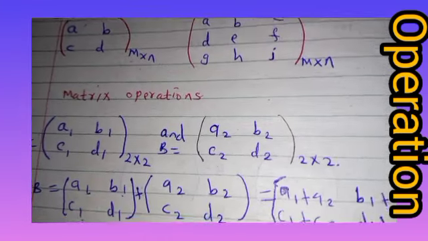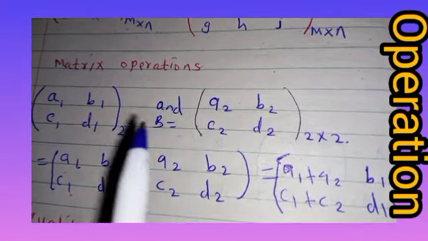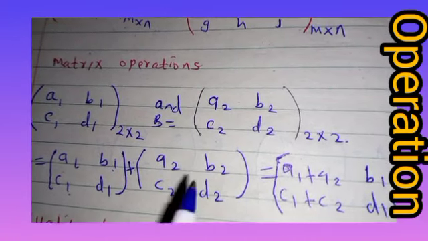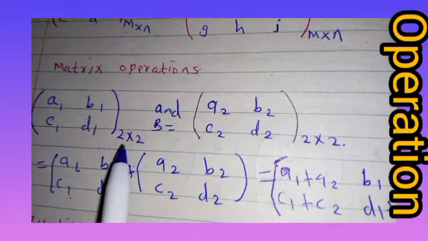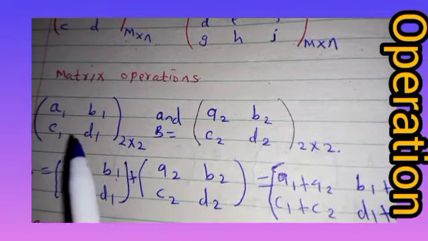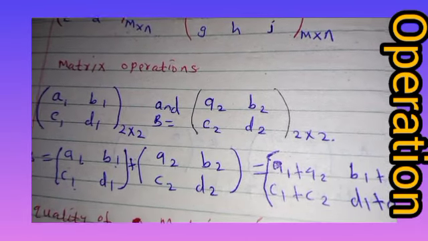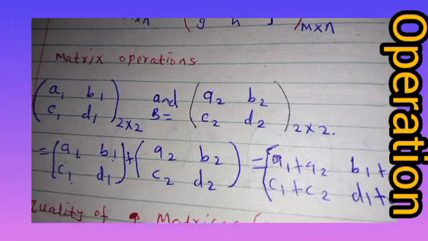In order for you to operate on matrices, they should be of the same order. Like this here, this is a matrix of 2 rows, 2 columns. The other one is 2 rows, 2 columns. So it is a matrix of order 2, and now we can add the corresponding elements.